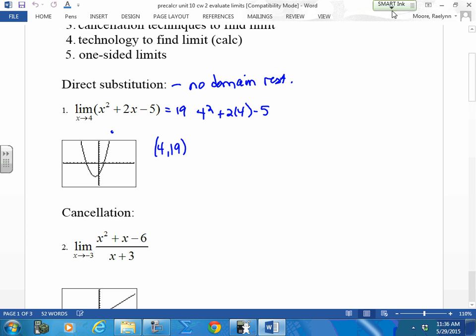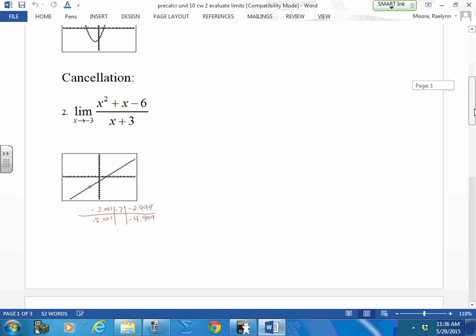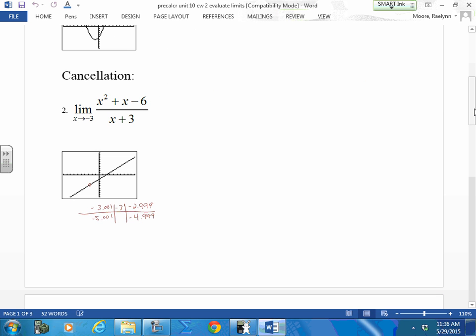This one, I'm hoping you'll recognize, because this is the one that we had a point of discontinuity. When we graphed this, it was called our rational functions. We have a domain restriction. Your denominator cannot be 0. So when x is -3, your domain says, get -3 out of there.